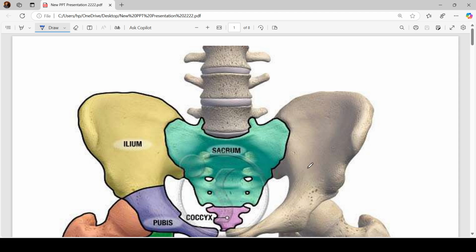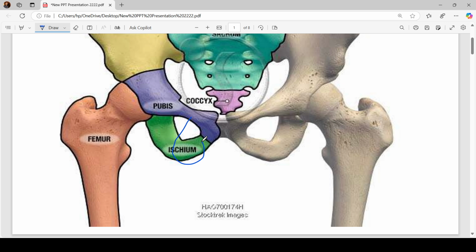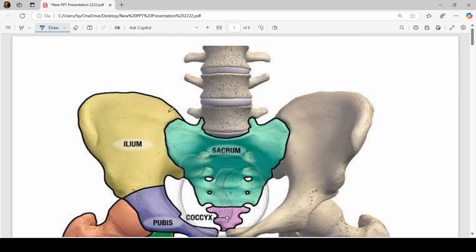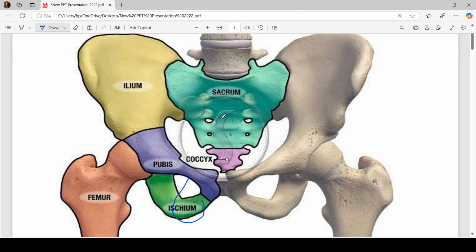Okay, now this is the ischium, the superior part is the ilium, the inferior part is the ischium, and the front part is the pubis, and that is the symphysis pubis. This connecting part is the symphysis pubis. The lower portion of the spine is connected to the pelvic bone; the upper portion is known as the sacrum and the lower portion is known as the coccyx.